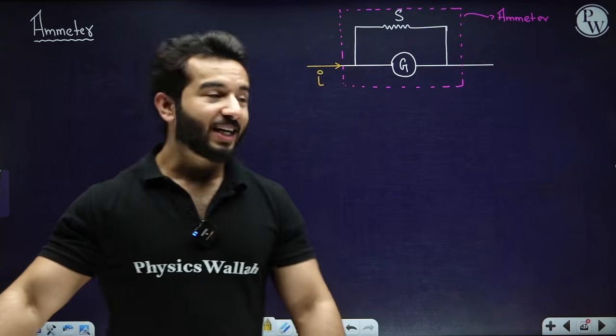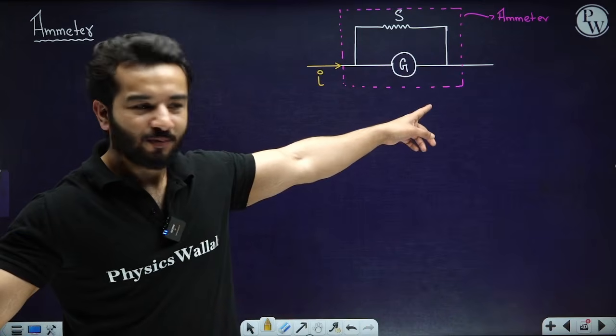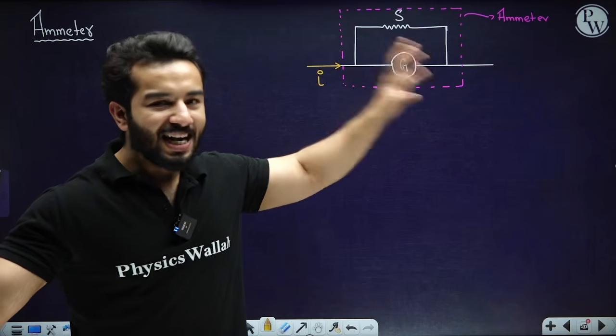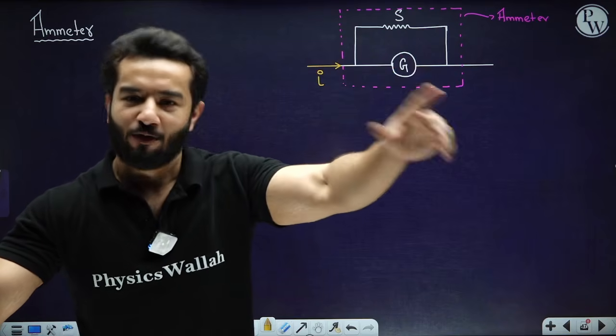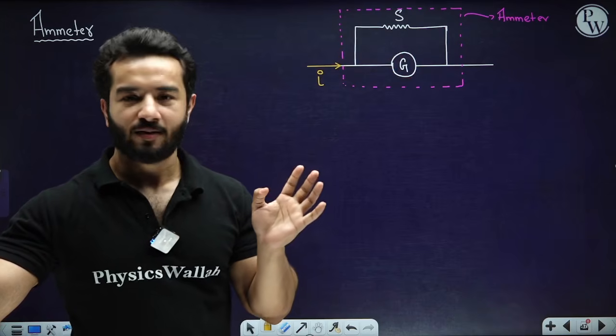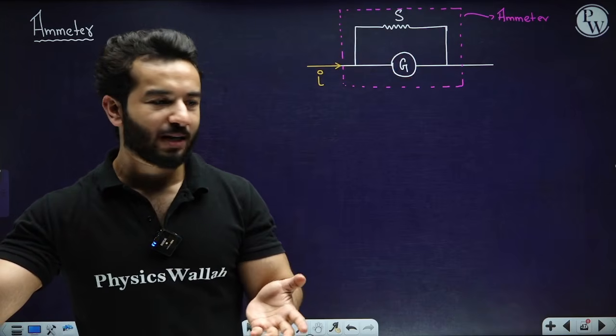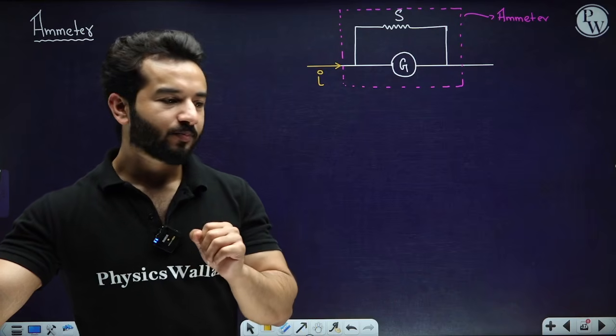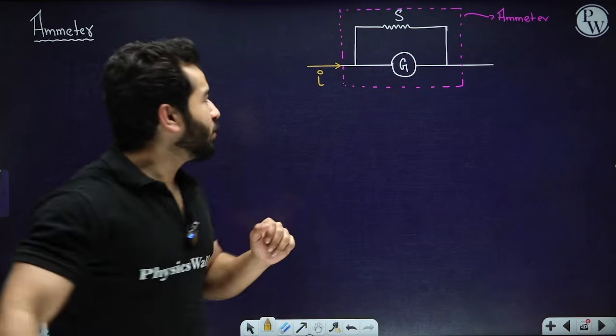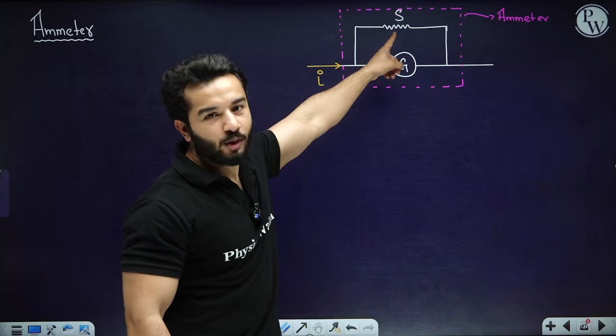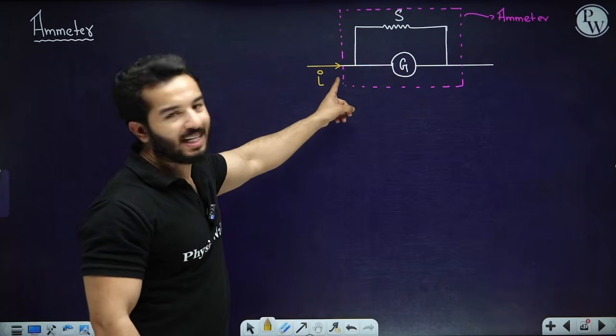Now if you had connected that shunt in series, what will happen? That 10 ampere of current will pass through your galvanometer and the galvanometer will stop working. It is not meant to measure that much current. Is that clear? So we use a very low resistance wire over there. Why? Because current will choose the less resistive path.